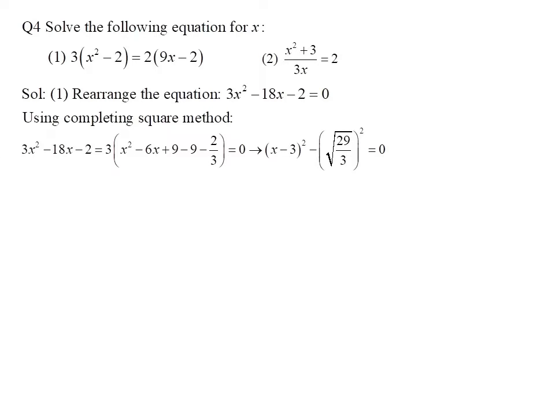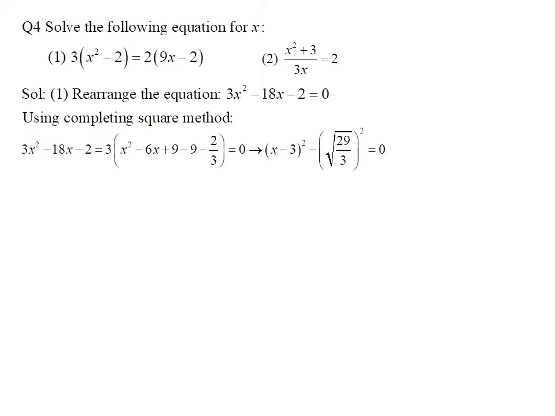For the completing square method, the quadratic coefficient 3 is taken out in order to make the quadratic coefficient 1. The next step is to find a constant together with x squared minus 6x, the two terms, to form a complete square. As we learned before, the constant is equal to half of the linear coefficient and then squared.